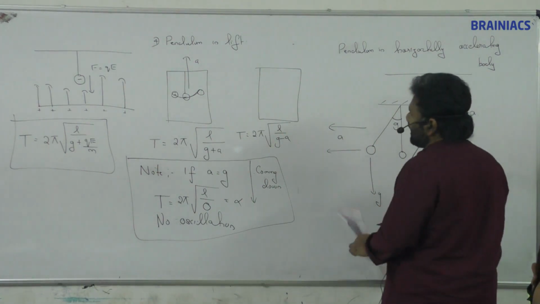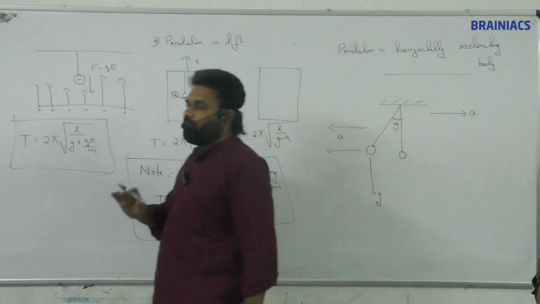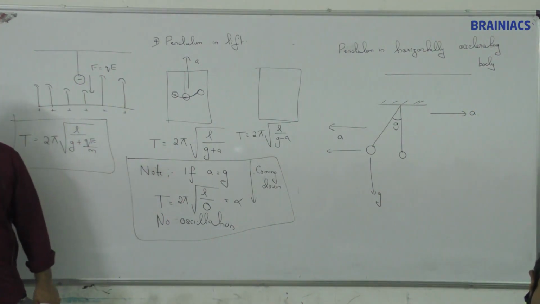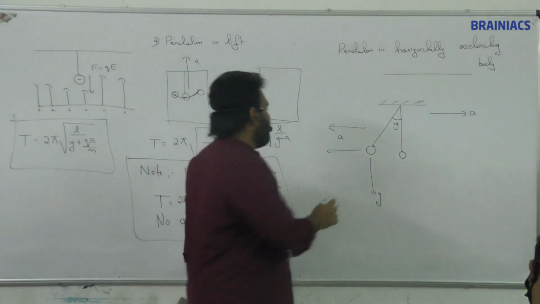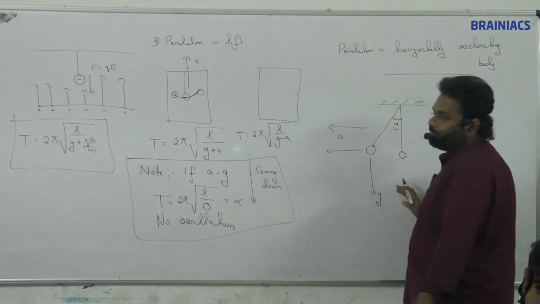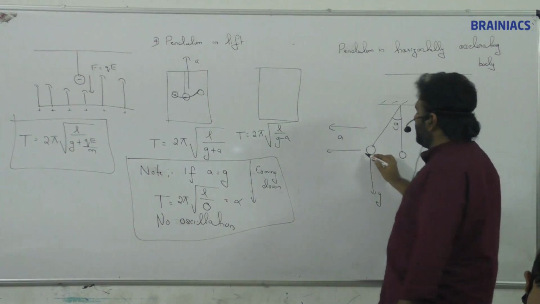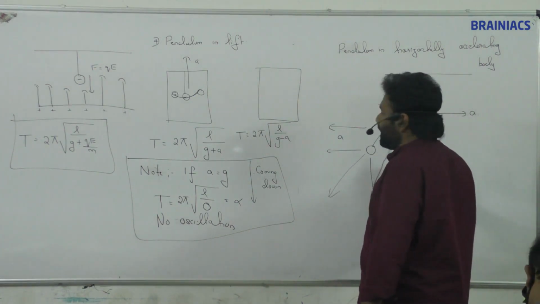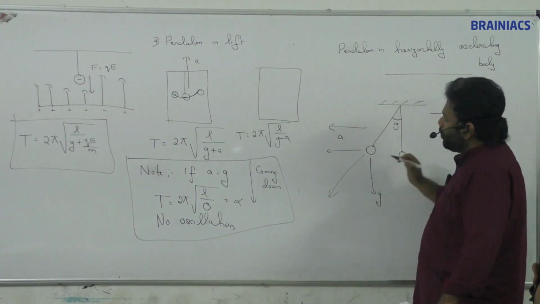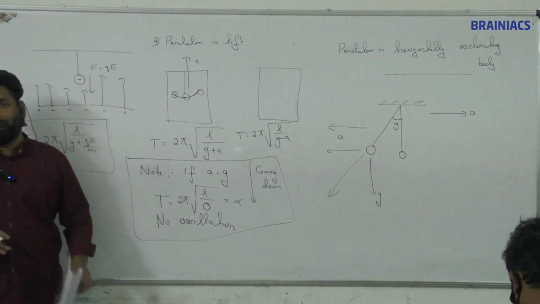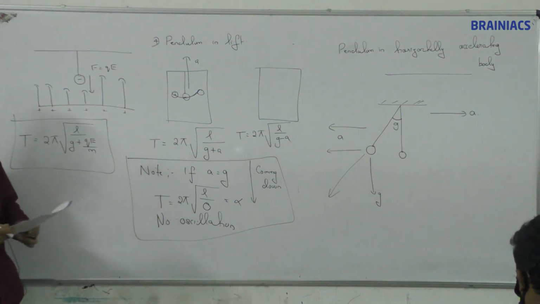So what is the resultant acceleration? When they are vectors, it is root of g square plus a square, since they are in perpendicular directions. This is a, this is g. So the resultant acceleration is root of a square plus g square, and that we will put in the formula.